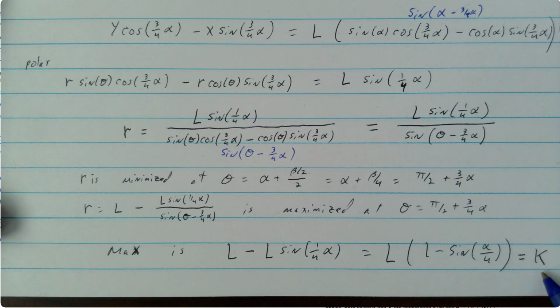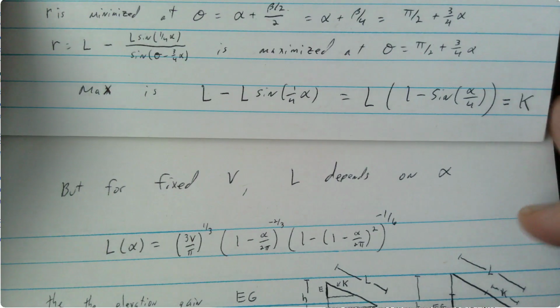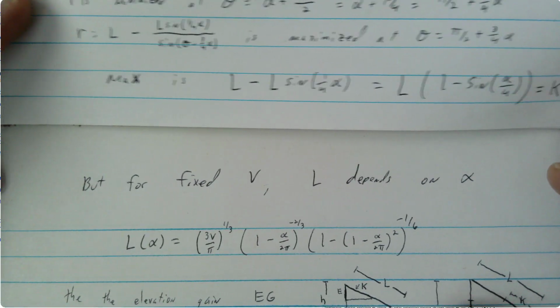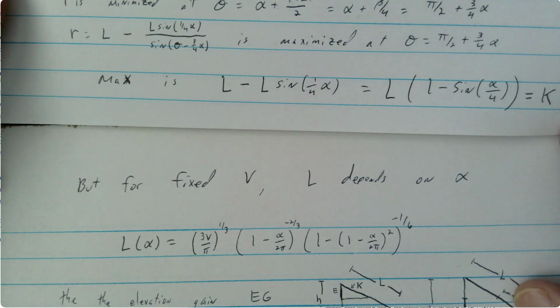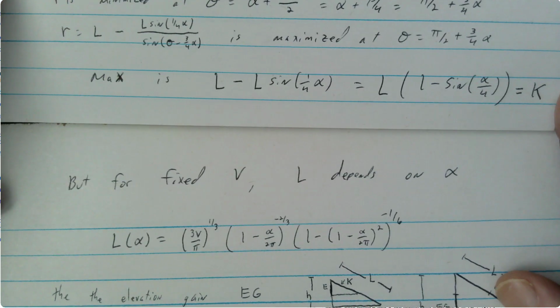But it'll occur when the slant length is maximized. Just for my diagram purposes, I called this maximum value K. So I want to find the cone, again, to get the maximum elevation gain.